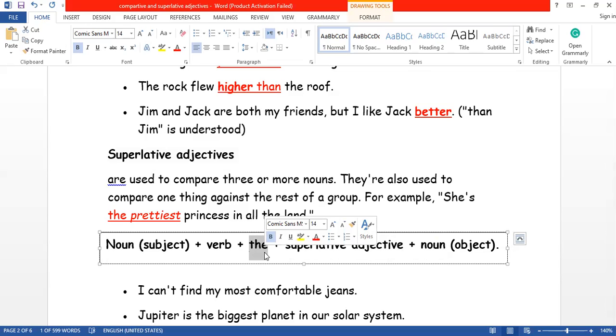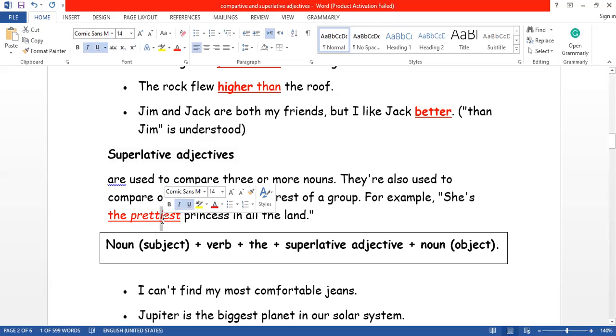We use the with the superlative adjective. So pretty, we change it to prettiest. Focus that we change the Y to I.